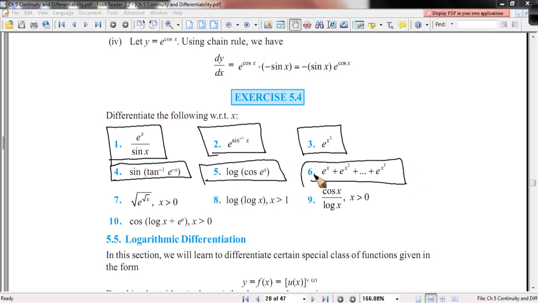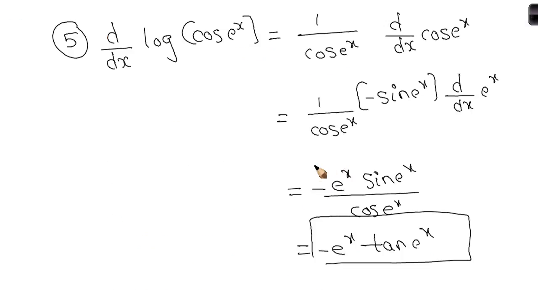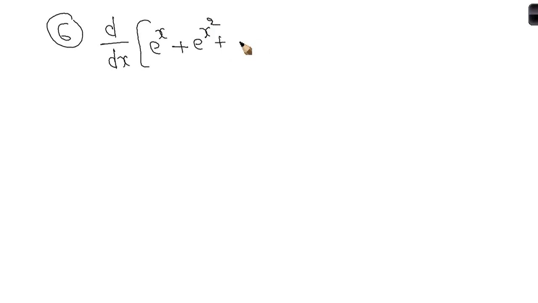Sixth question. The sixth question says find the derivative of e^x plus e^(x^2) plus so on plus e^(x^5).